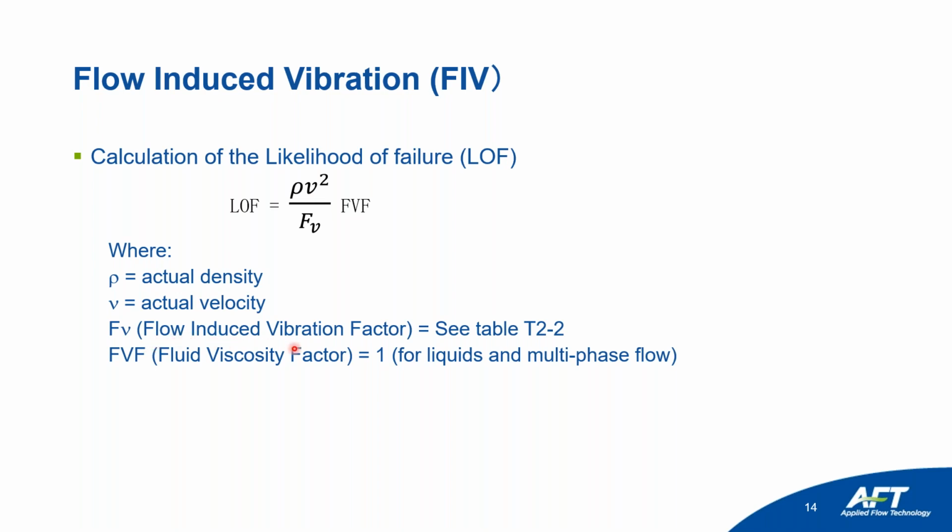FB is the flow-induced vibration factor, and we'll be seeing a procedure in table T2-2 to calculate it. FBC is the fluid viscosity factor, which is 1 for liquids and multi-phase flow. So we'll be using this value as 1 because the example we'll be using is for liquid in a system.